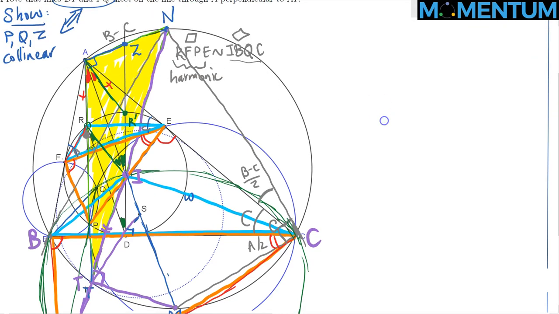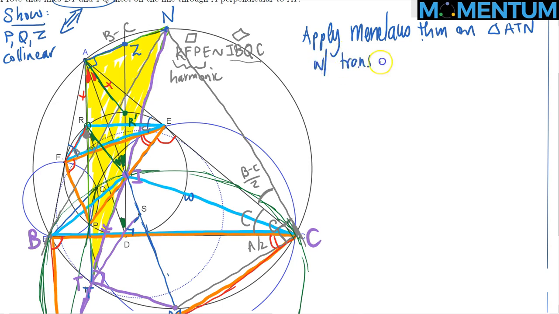Apply Menelaus theorem on triangle ATN, and the 3 points with transversal. I don't want to really use the word transversal because I'm not sure yet if they are collinear, but okay, so K, P, Z are the points we want to show are collinear.